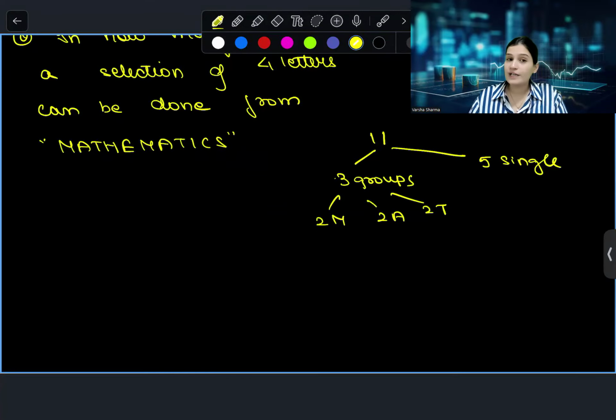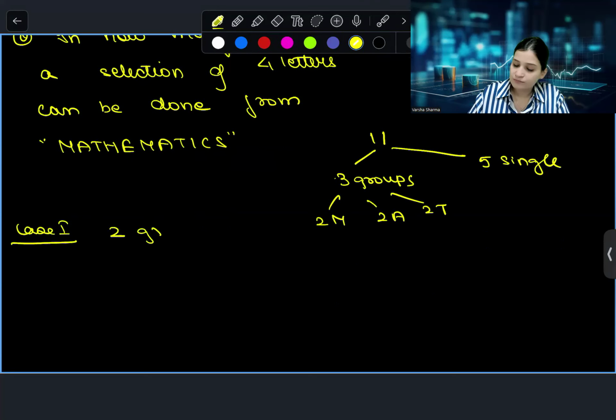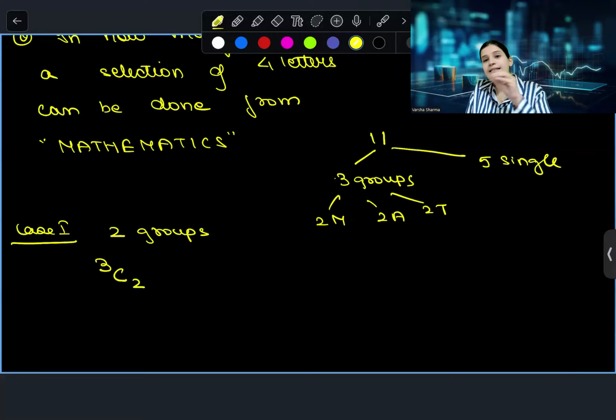So selecting 4 letters, case 1: I can have 2 groups. I can have 2M, 2A. I can have 2A, 2T. I can have 2M, 2T. So out of 3 groups, I need to select 2. As soon as I select 2 groups, I have 4 letters. Do you all agree?